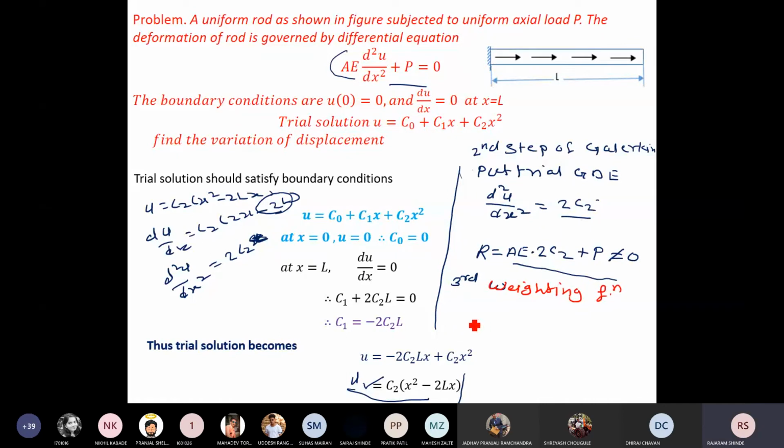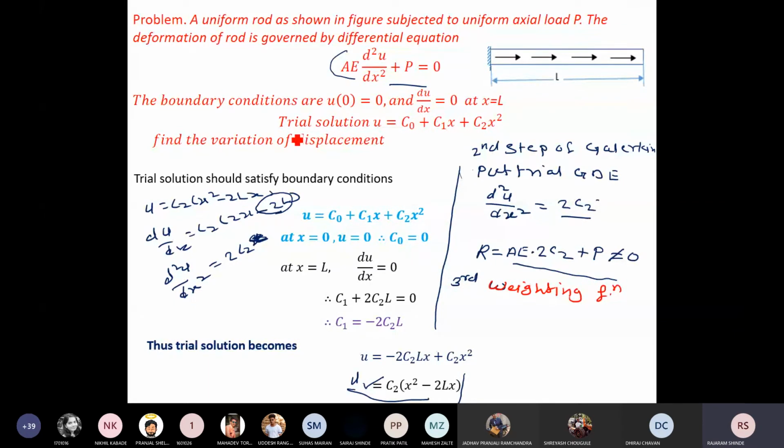Can anyone tell what is weighting function? Can anyone tell? Shreyas, what is weighting function here? Shreyas, if you have doubt, you can ask me. How are you selecting the weighting function? How can I get it?